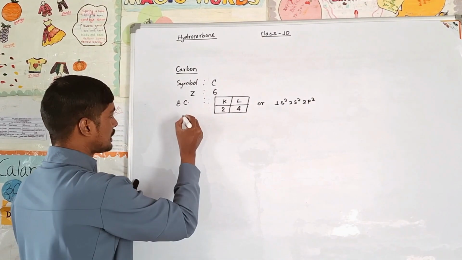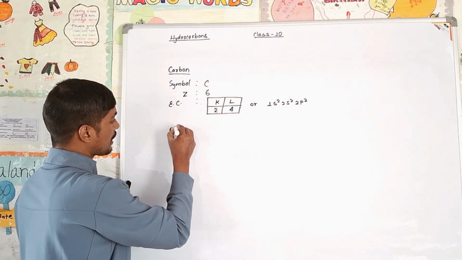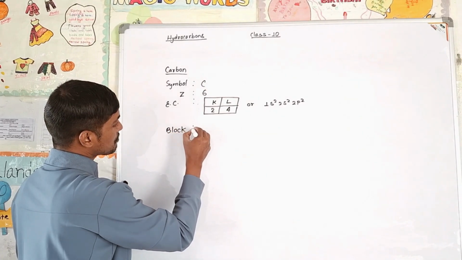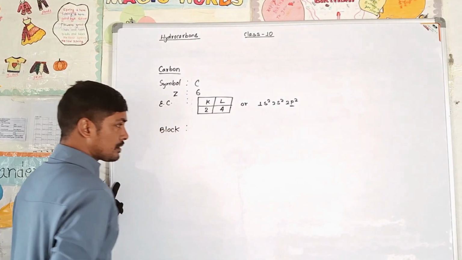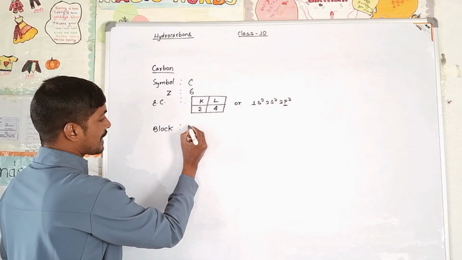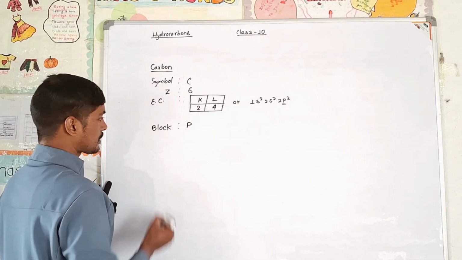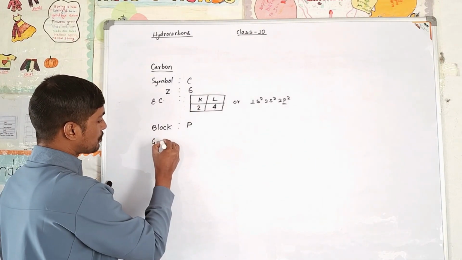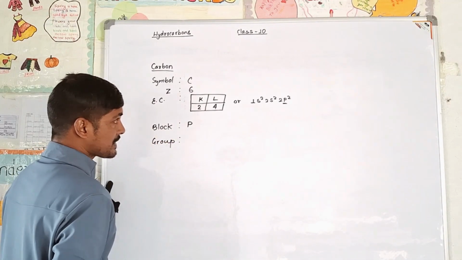Now, after electronic configuration, in which block of the periodic table does carbon lie? By looking at this, we can say the last subshell of carbon is p, so it lies in the p block. After block, in which group does carbon lie?